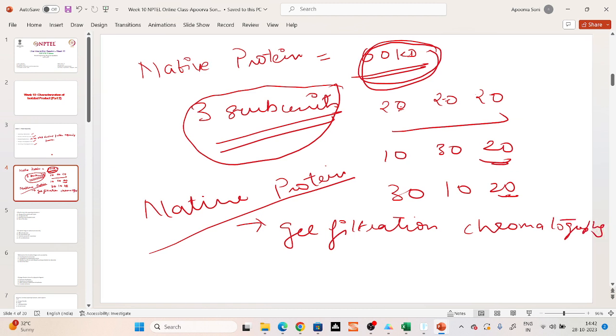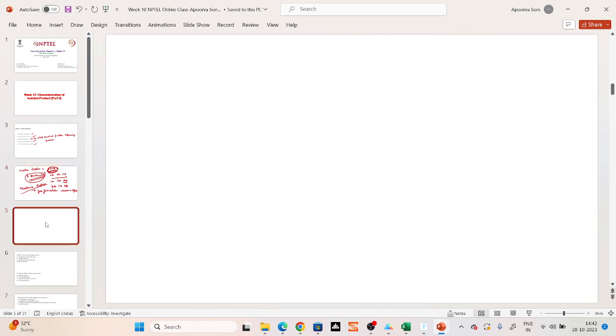Okay, but if you want to know how many subunits are there and what is the weight of each subunit, then you can go for electrophoresis. How?